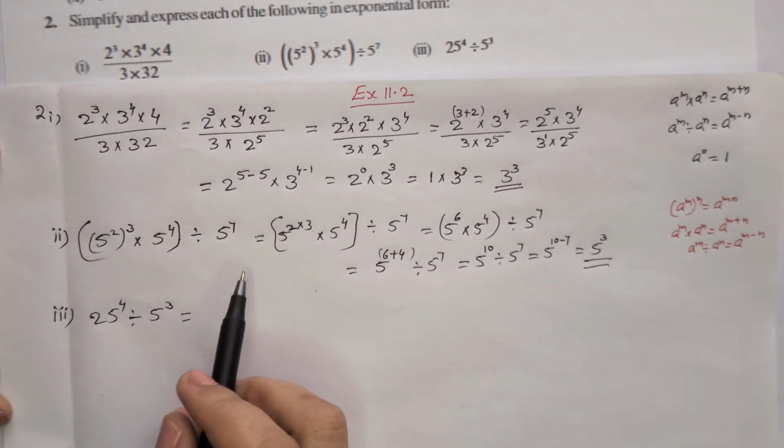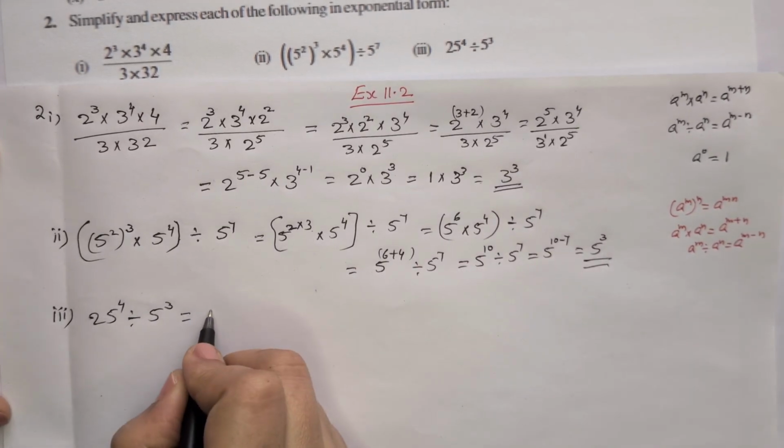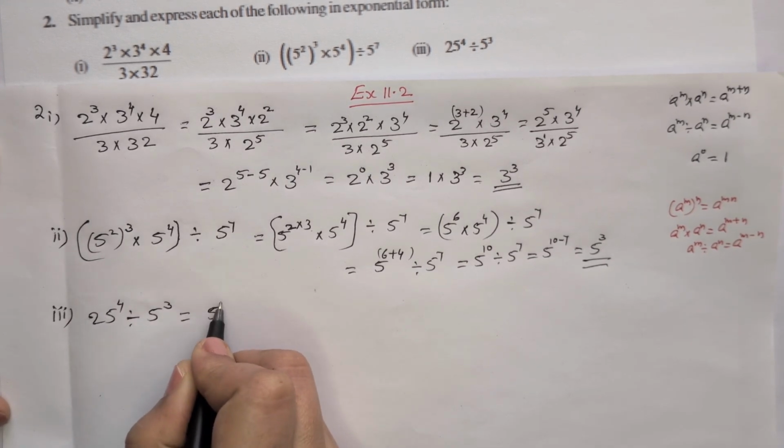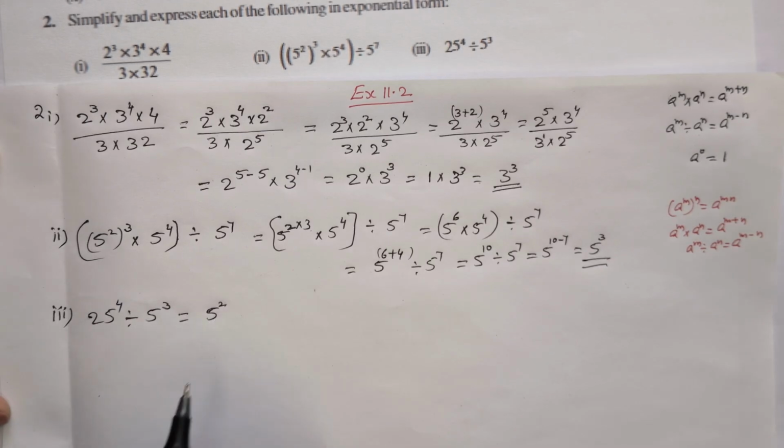Third one, 25 raised to 4 divided by 5 cube. 25 is a composite number. Convert to prime numbers. So we can write 25 as 5 square.